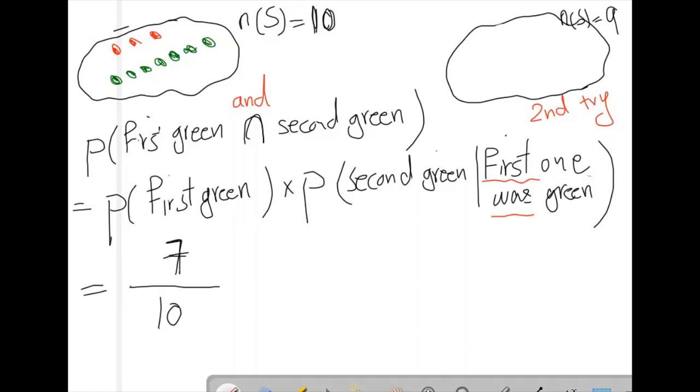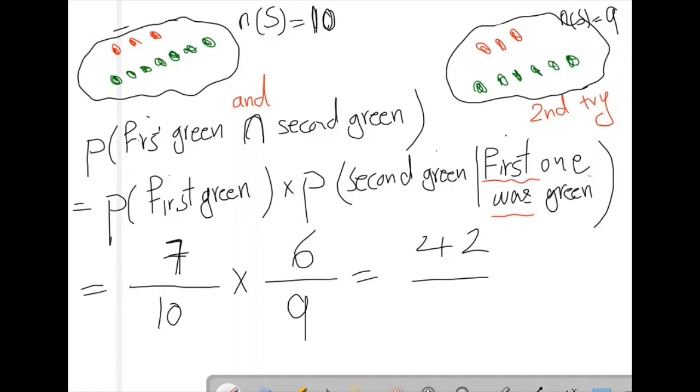But for second try, because we put one green to the side, we have 6 green and 3 pink. Again, in total 9, but the number of greens is 6 from 9 candies. So the result is 42 divided by 90.